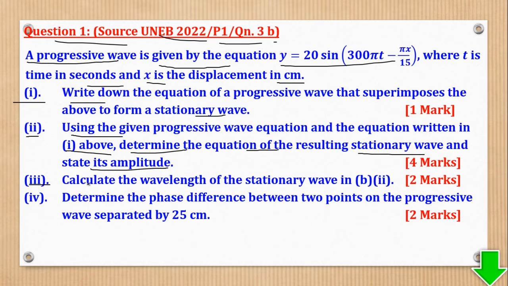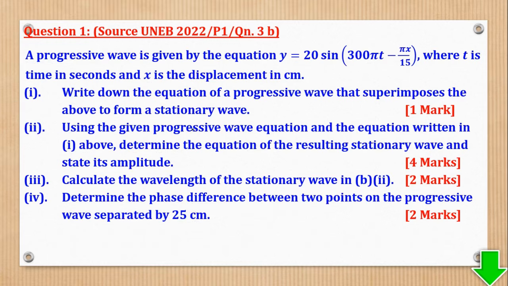Roman 3, calculate the wavelength of the stationary wave in B Roman 2. Roman 4, determine the phase difference between 2 points on the progressive wave separated by 25 centimeters.